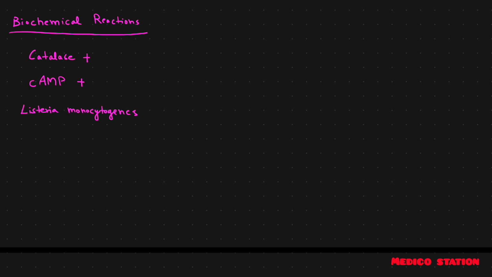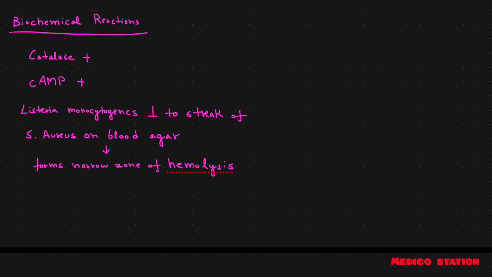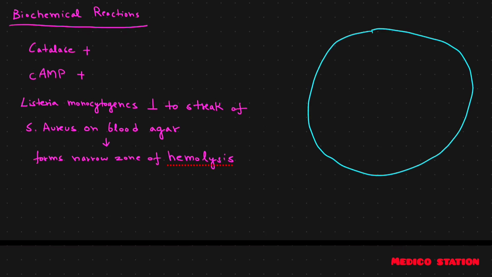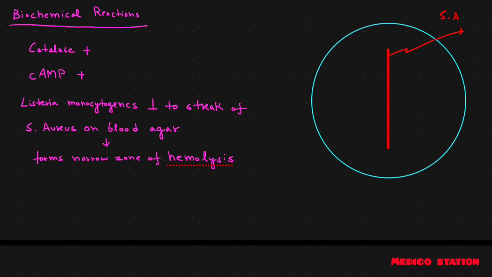When Listeria monocytogenes is inoculated perpendicular to the streak of Staph aureus on a blood agar, there is formation of a narrow zone of hemolysis. On a blood agar, Staph aureus is inoculated and perpendicular to it, Listeria monocytogenes is also inoculated.